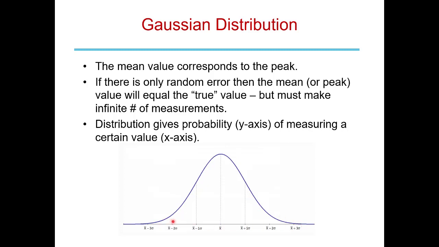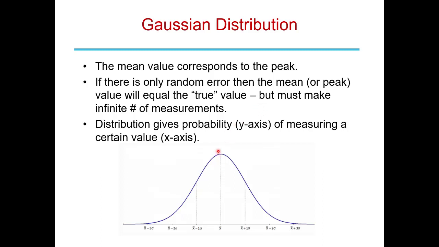And if we make the bins in our bar graph, the thickness of our bars, smaller and smaller, and take an infinite number of measurements, then if there's only random error, that bar graph will exactly fall on top of this curve that's predicted from the mathematics of our situation. So that's kind of cool.